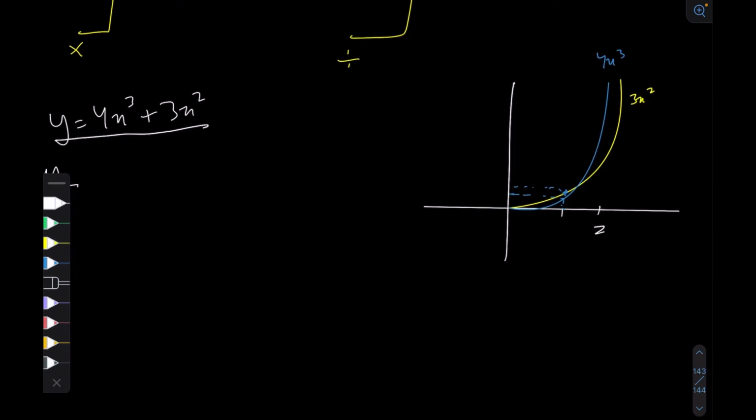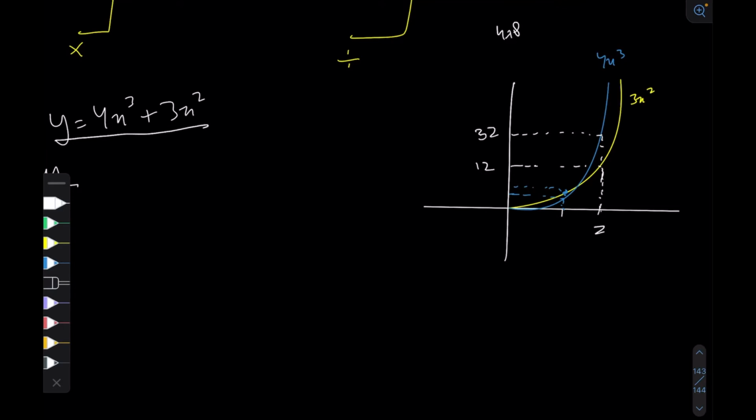So when my x is 2, the value of 3x squared would be 3 multiplied by 4, which is 12, right? And the value of 4x cubed would be 4 multiplied by 8, which is 32, right?